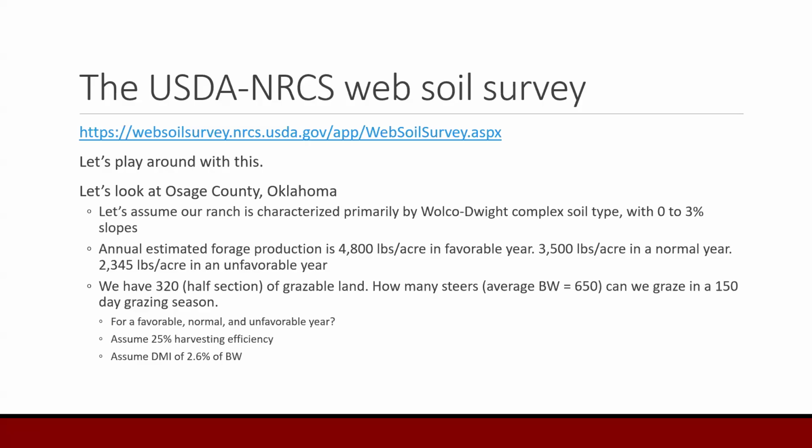I'm hoping we don't have as many issues with web soil survey this year as we did last year. It's kind of cool because it could allow you to go back and look at your home place and see what the NRCS says that your forage match should be, and then calculate your stocking rate for a good year, normal year, bad year.